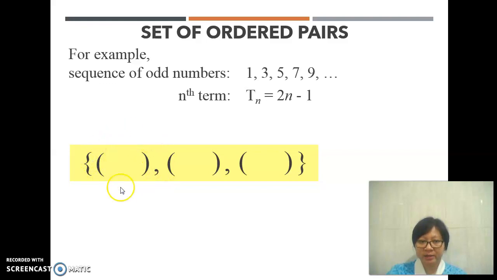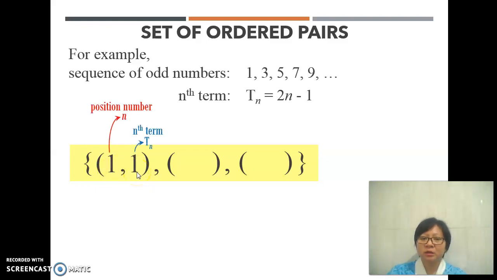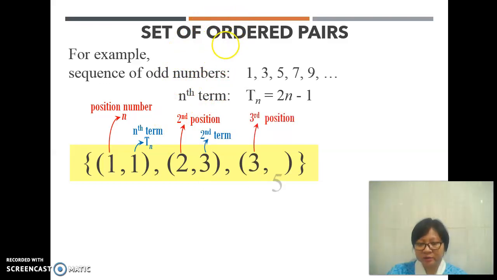Inside these brackets, there are the position number, followed by the term, and then the second position followed by the second term, the third position followed by the third term. This is how we use a set of ordered pairs to represent a linear function.